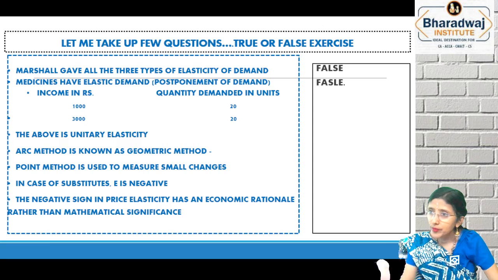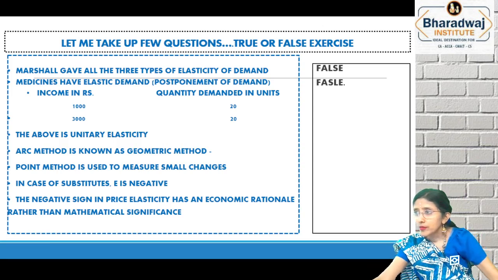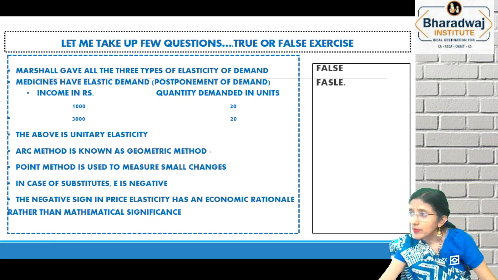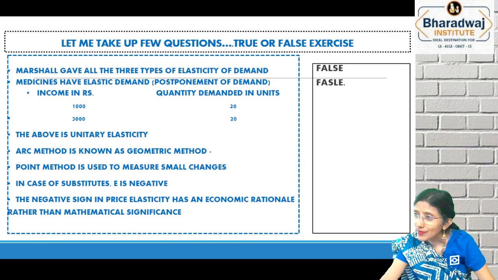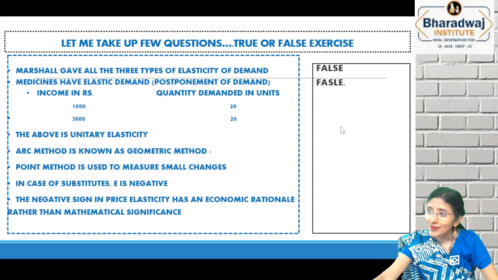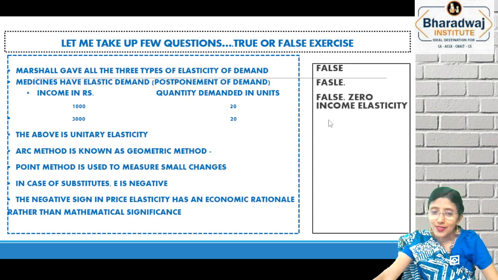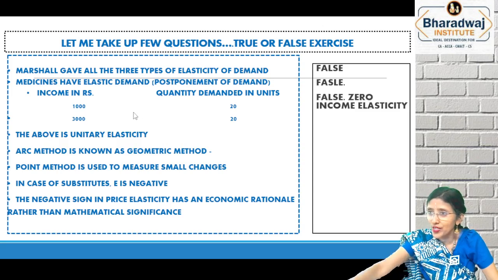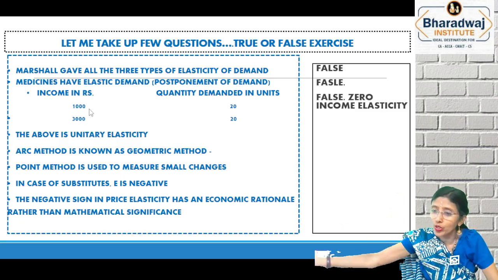False. Why? This is zero income elasticity. I told you, it need not be zero; it will not be a proportionate change. It will not be in exact proportion to the changes in income.